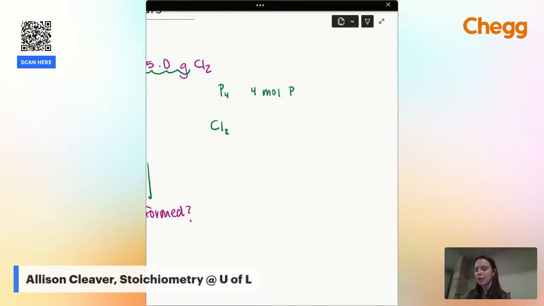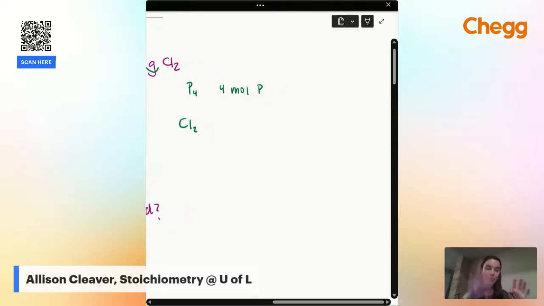So we have 4 moles of P is what that P4 tells us. Then we need to find the molar mass of phosphorus. So the way that we do that is we go to the periodic table, and that number with the decimal at the end, that is our molar mass. So if we go and we see that number with the decimal, it should be 30.97.